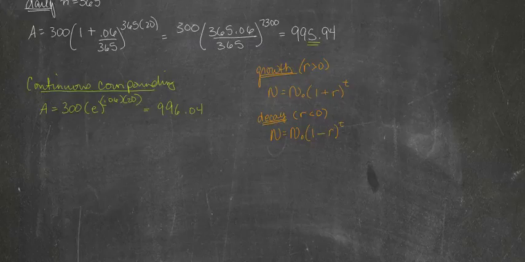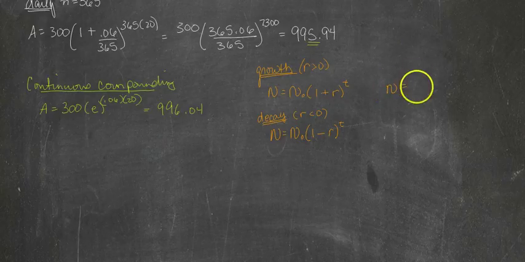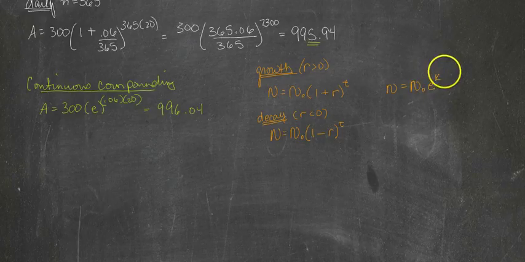And then our other formula, the continuous exponential growth or decay generalized formula, would be N equals N, the initial amount, times E to the K times T. That would be continuous growth.